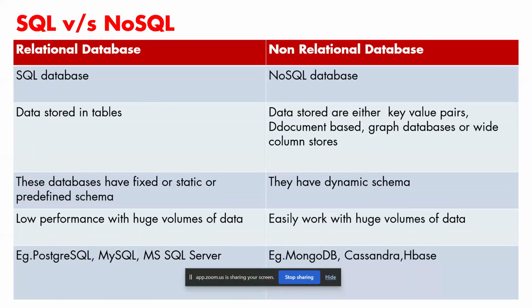The second point is that in a relational database, the data is stored in a tabular format, while in a non-relational database it is stored as a key-value pair, document-based, graph-based, or column storage.